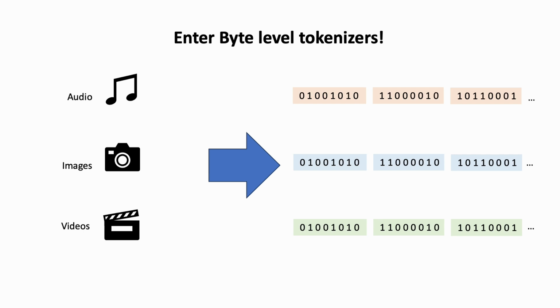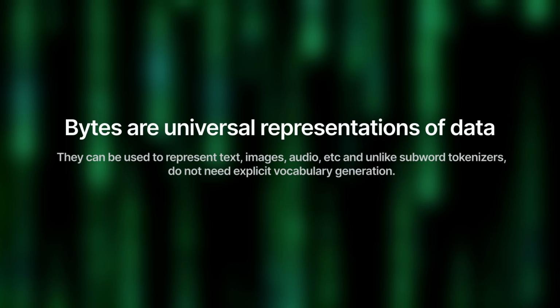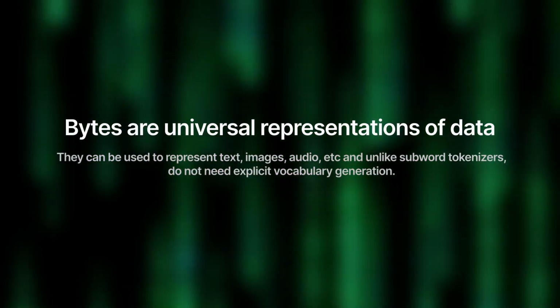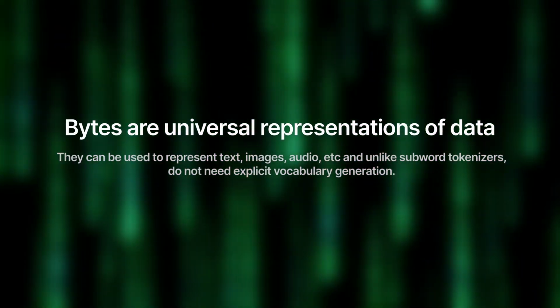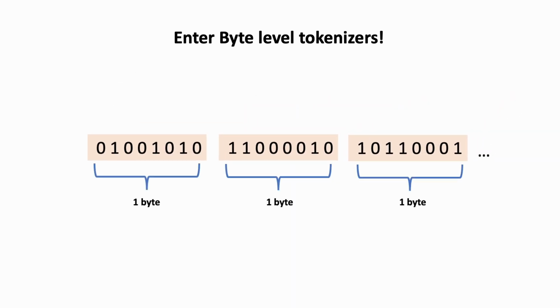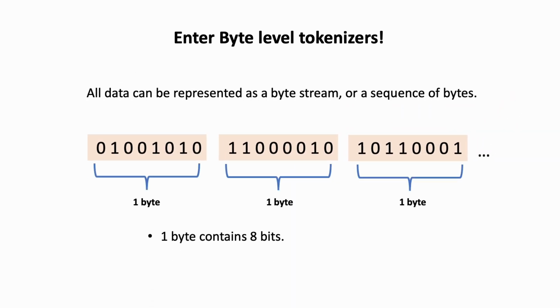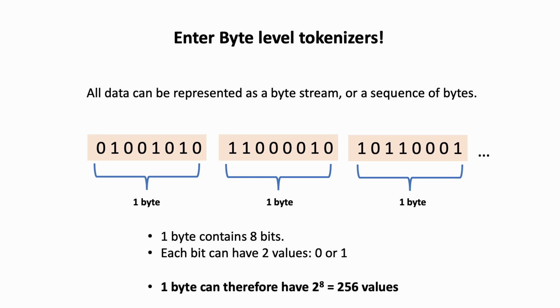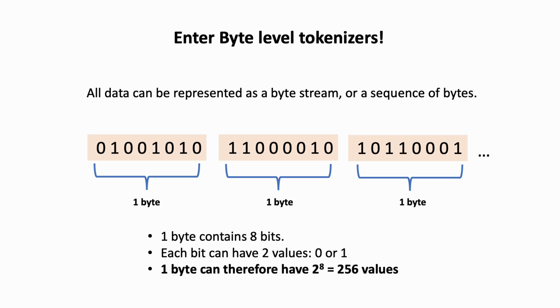Bytes are universal. Any data you store on your computer can be represented as a byte stream, be it a text file, an audio recording, an image. Everything can be split up into bytes, and we know that can be represented in 256 values. So all types of data can be broken up into a stream of bytes, and each byte can have 0 to 255 or 256 values.